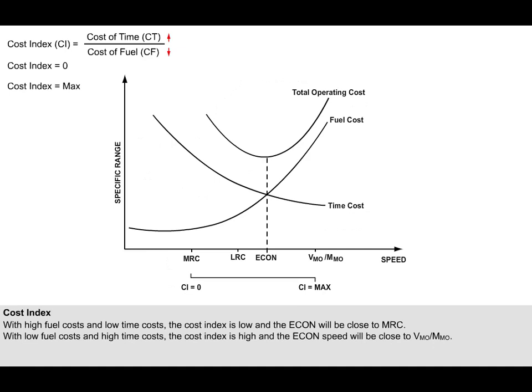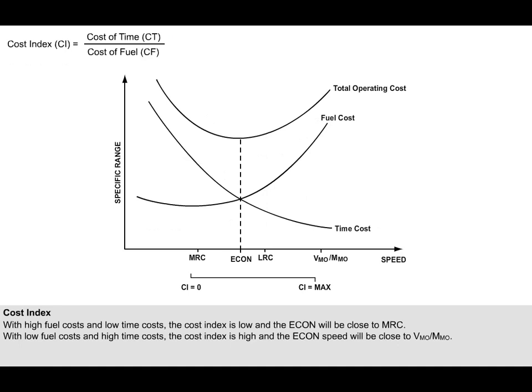When time costs are high and fuel costs are low, then the cost index is very high, and the econ speed will be closer to the maximum operating speed, so that the massive time costs are reduced. To summarize then, increasing the cost index from 0 to maximum will increase the econ speed from the maximum range speed to VMO. For most aeroplanes, the cost index varies from 0 to 99, or from 0 to 999.